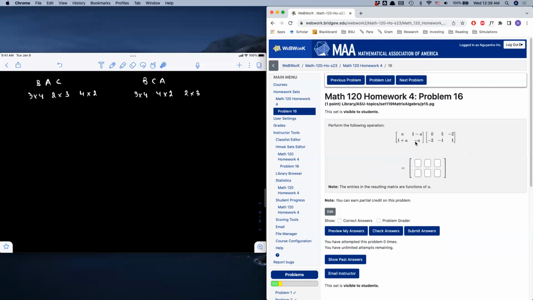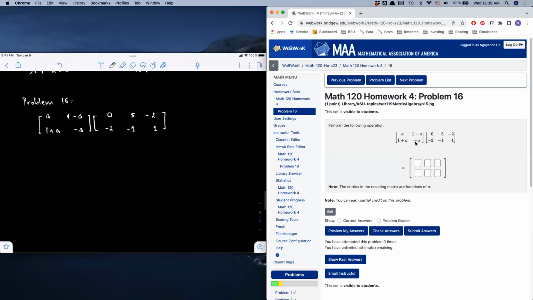So problem 16. Now you have A, 1 minus A, 1 plus A. Then this is negative A, multiplied with 0, 5, negative 2, then negative 2, negative 1, positive 1.